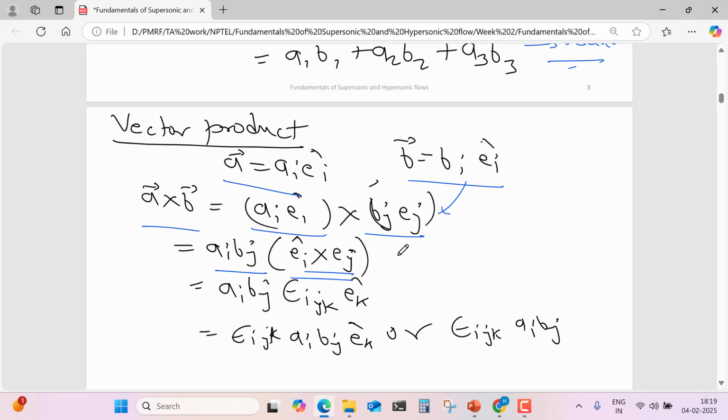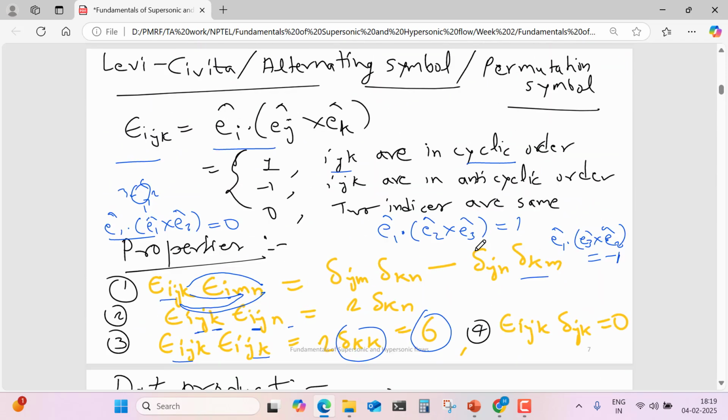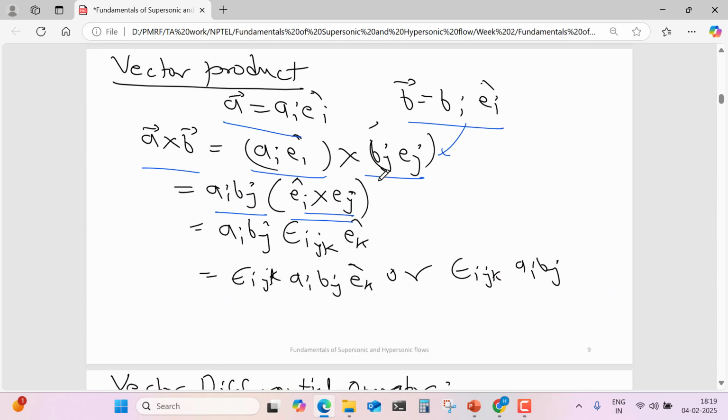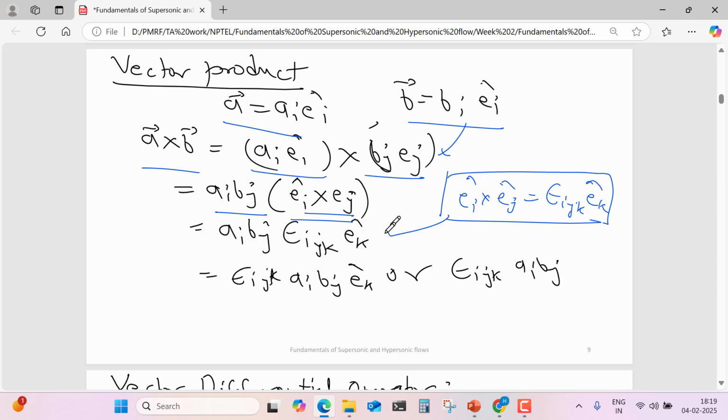From the properties of the Levi-Civita symbol, ei cross ej equals epsilon ijk into ek. So we can substitute it here and we'll get this.